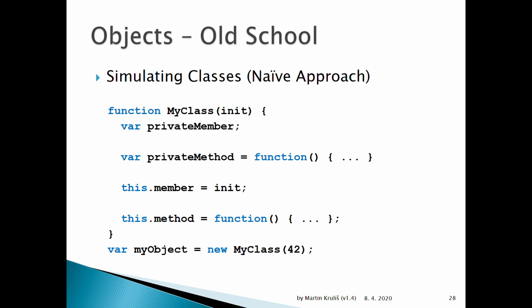The constructor concept suggests that the whole initialization of the newly created object should take place inside the my class, the class constructor. It has some advantages. For instance, since this is a function, it has its own execution context, so privacy can be achieved by a closure mechanism.